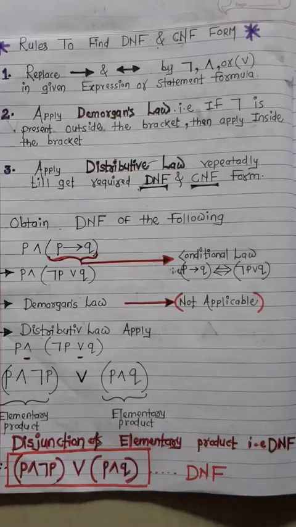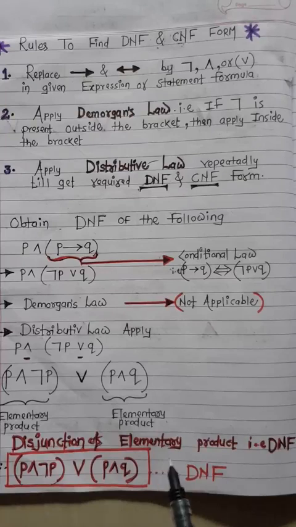If conditional and biconditional signs are present in your formula, then we apply the conditional law and biconditional law respectively. In terms of the formula we get negation, conjunction or disjunction, and we have already learned the laws with respect to conditional and biconditional in the first unit.